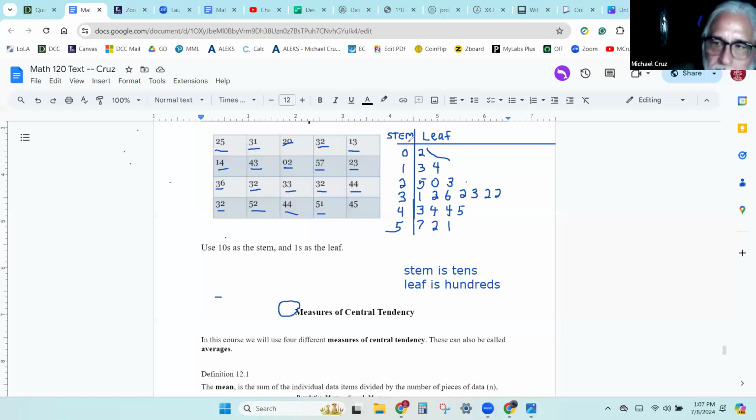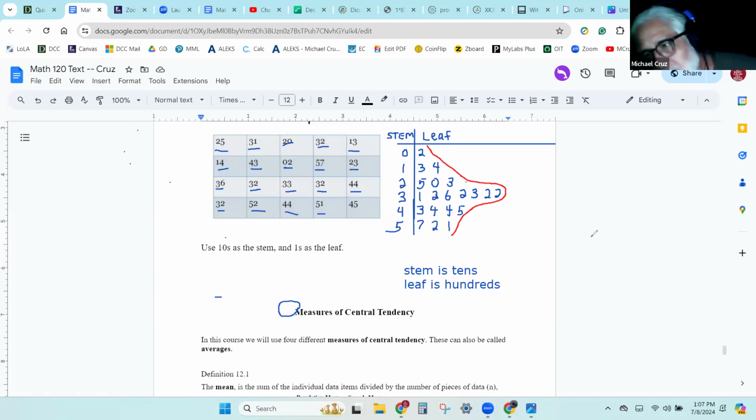I'm going to try to draw a little shape here to show you, and this will help us as we go on later. If you cock your head to the right, you can see the shape of the data in the same way that the histogram, the frequency distribution, told us the number of values.